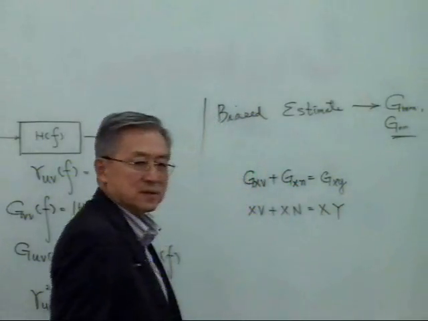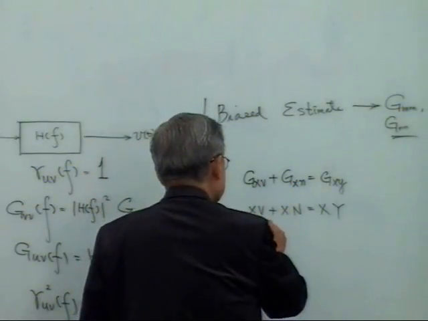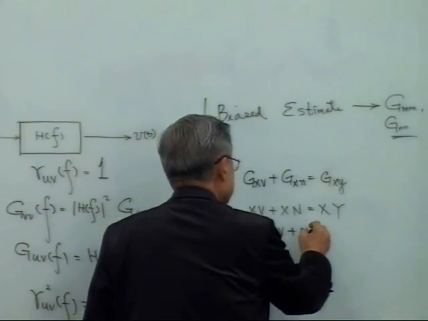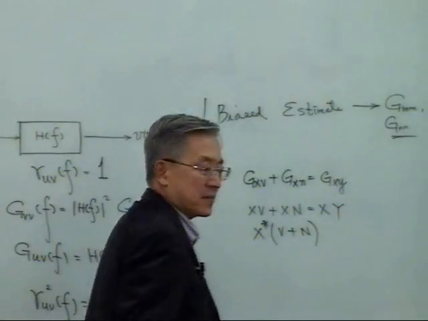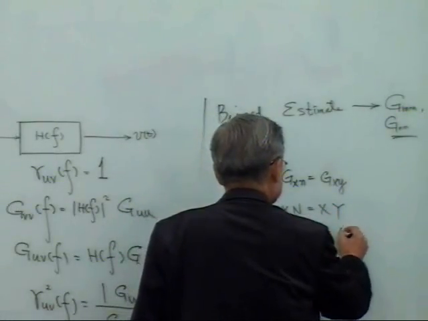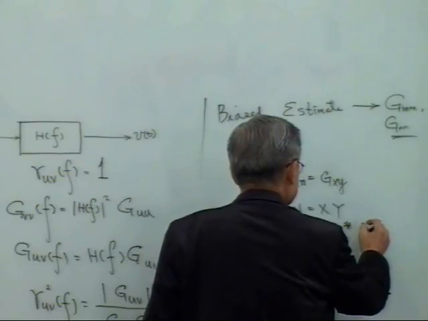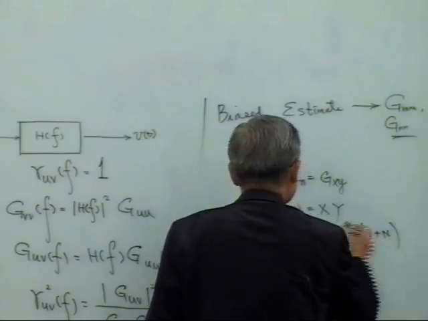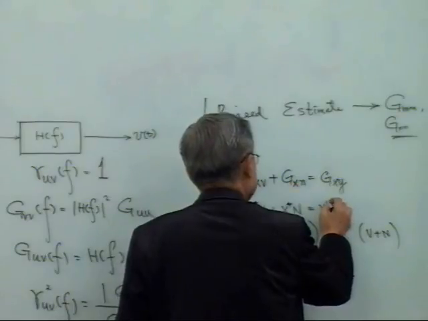This is in the Fourier transform domain. Or I can write this as X star times V plus N, you have to have a conjugate to express it in the time domain. This is the conjugate sign.